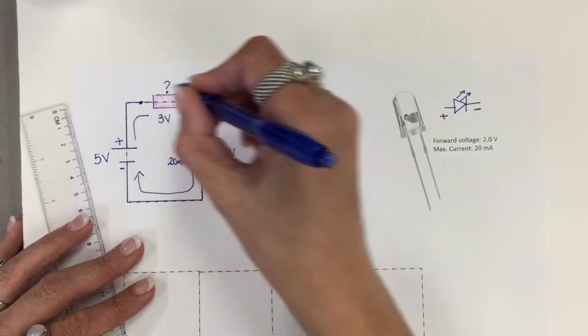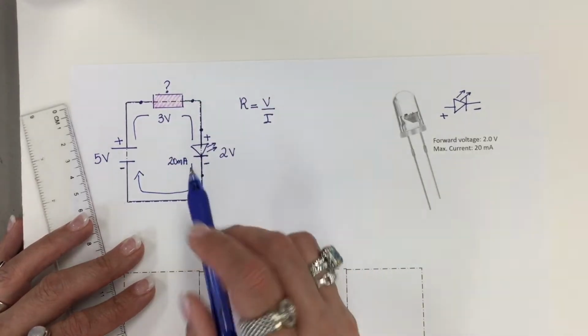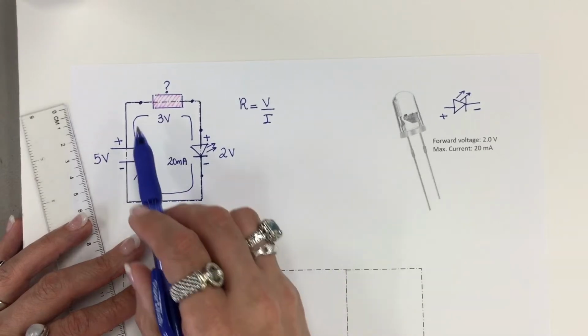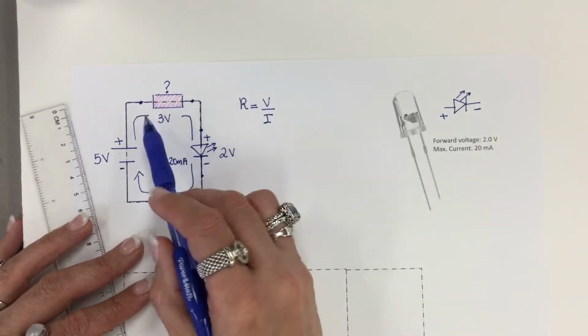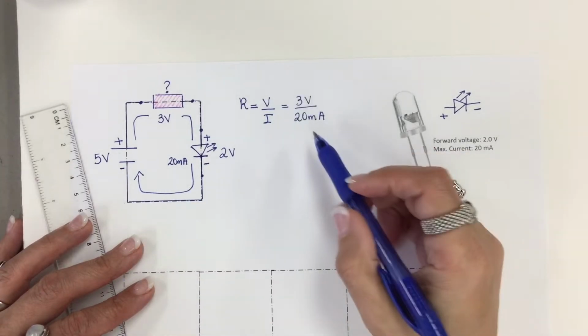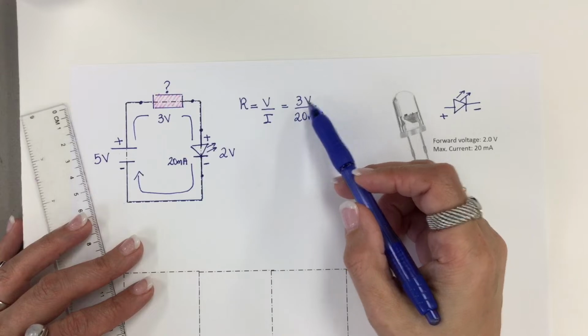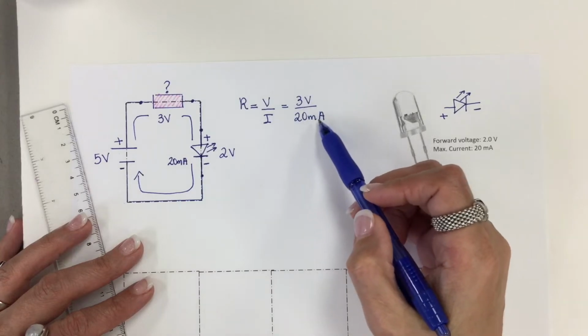Because this resistor is in series with this LED, the current flowing through this resistor is also 20 milliamps. So to find the value of this resistor, we just need to divide 3 by 20 milliamps.